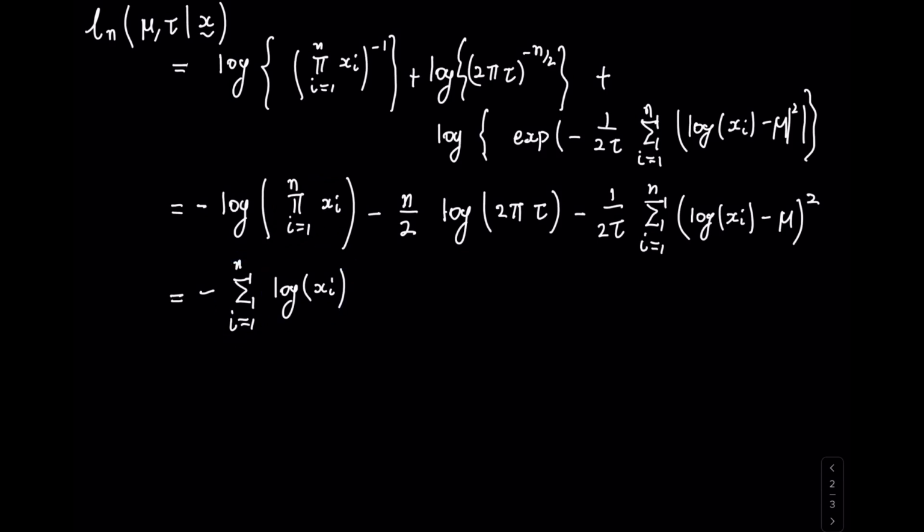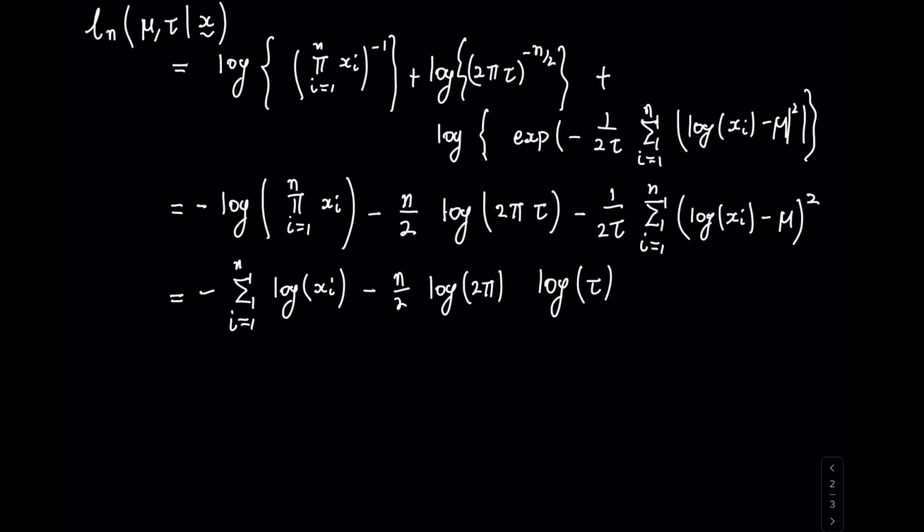Equivalently, here we can utilize the same concept where we've got log of 2πτ. We can think of this as 2π times τ, and so we can separate this component as log of 2π plus log of τ. So doing that, we get -n/2 times log of 2π, and then we've also got log of τ.